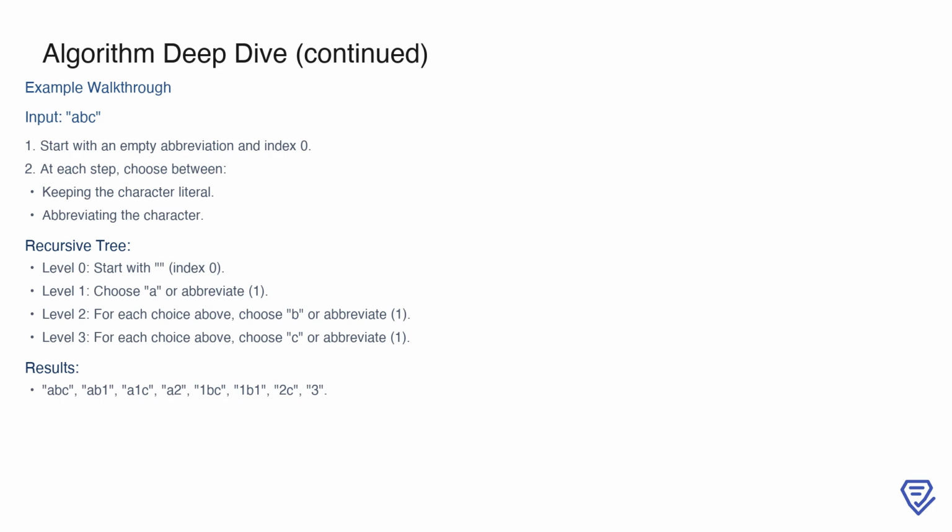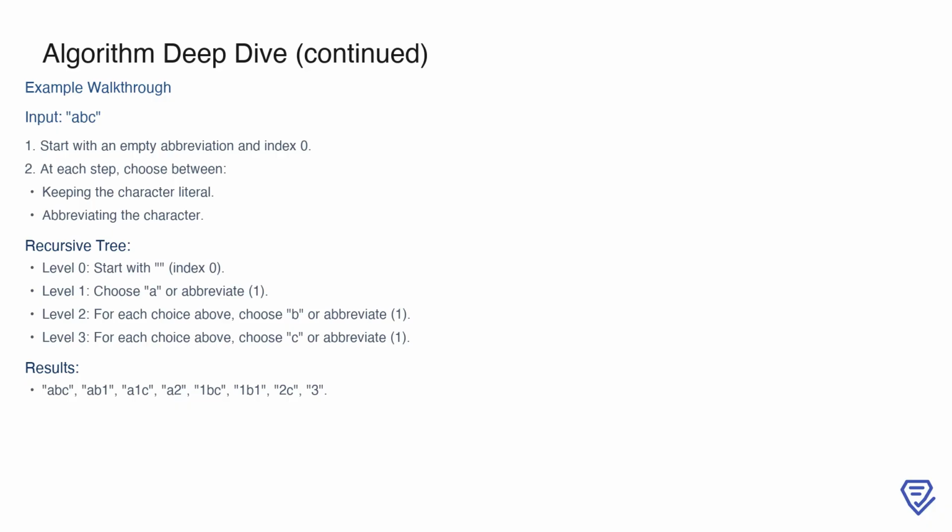Let's walk through an example. Consider the input word ABC. We begin with an empty abbreviation and start at index 0. At each step, we choose whether to keep the current character literal or to abbreviate it. At the first level, we decide between including A or abbreviating it to 1. At the second level, for each of these choices, we decide between including B or abbreviating it.